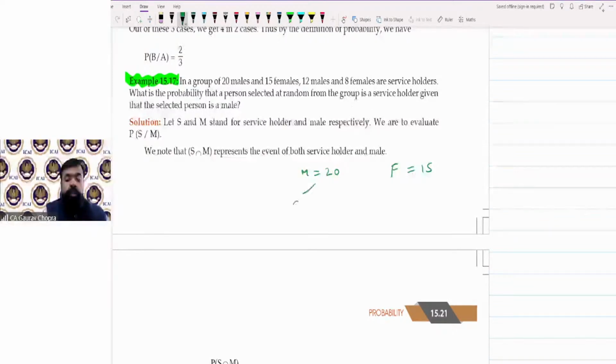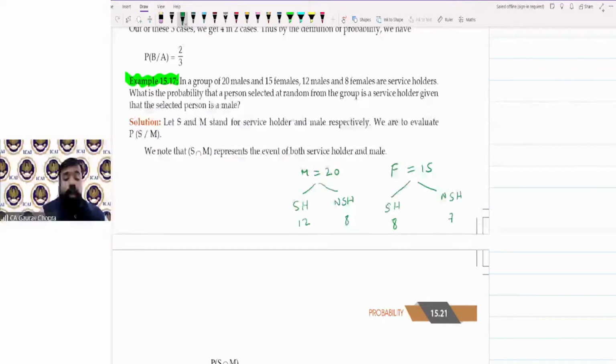So out of these 20, service holders are 12, and out of 15 females, service holders are 8. That means the remaining are non-service holders: 8 among males and 7 among females.